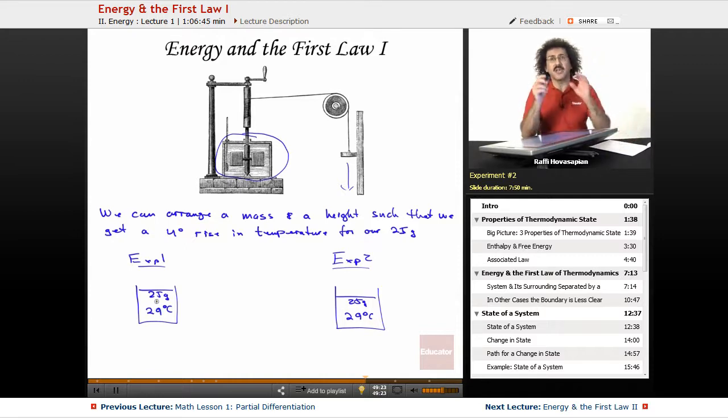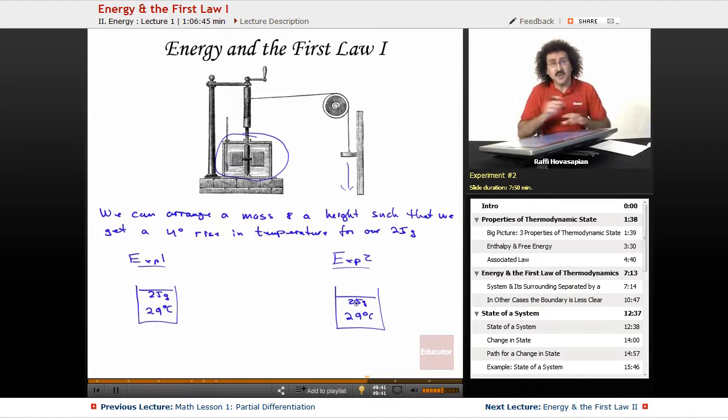In experiment 1, it reached 29 degrees Celsius by a flow of heat. In experiment 2, clearly there's no heat flowing here. What we're doing is work. We're actually doing work on the water, and by doing work on the system, we've raised its temperature to 29 degrees Celsius.